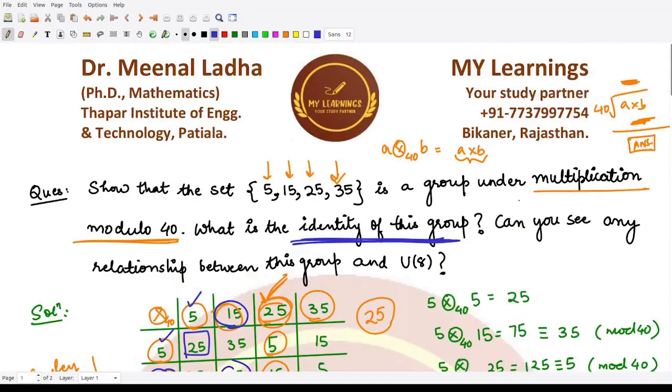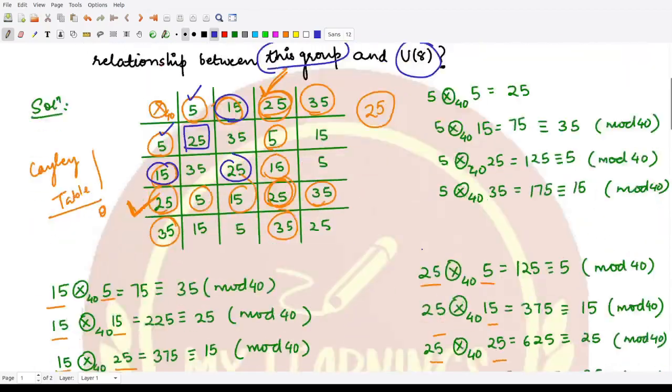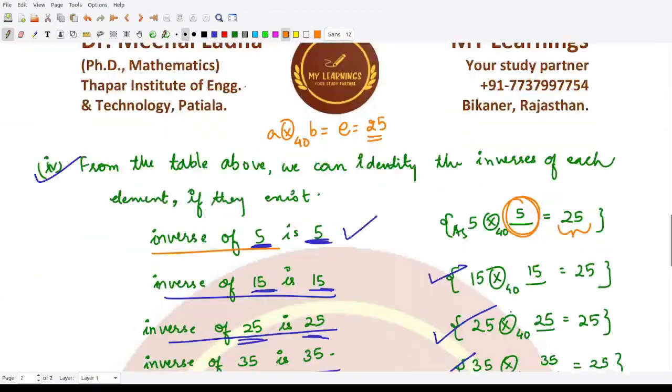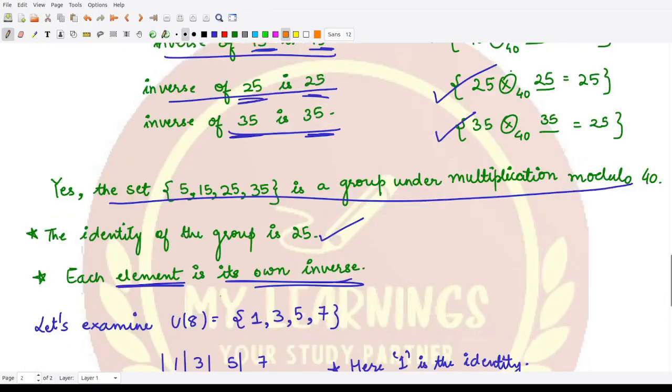Next they are asking us, can you see any relationship between this particular group and U8? Now if you remember, what is this group U8? First you have to create a set which consists of all the members which are relatively prime to 8 and are smaller than 8.